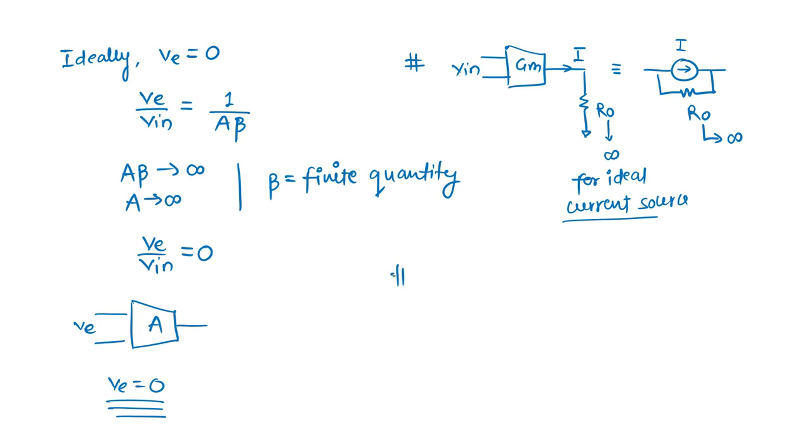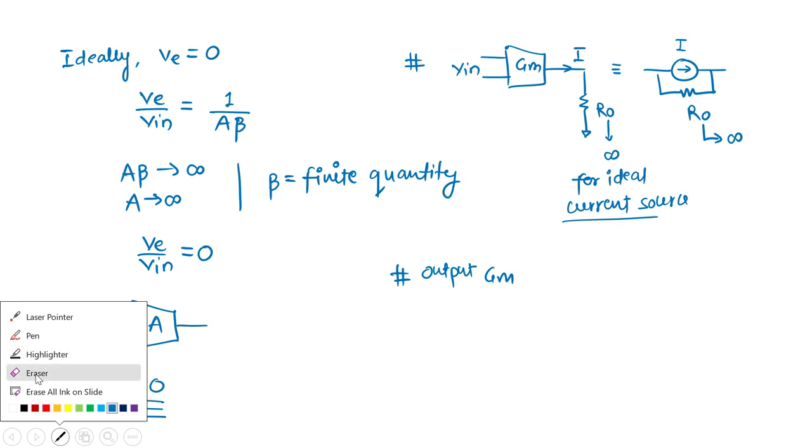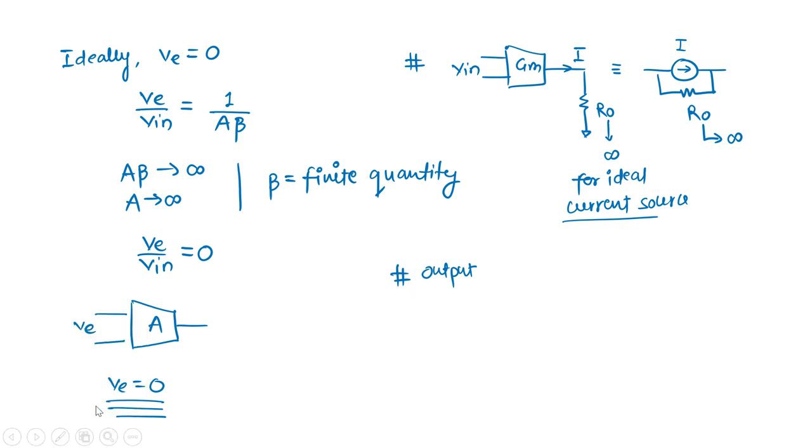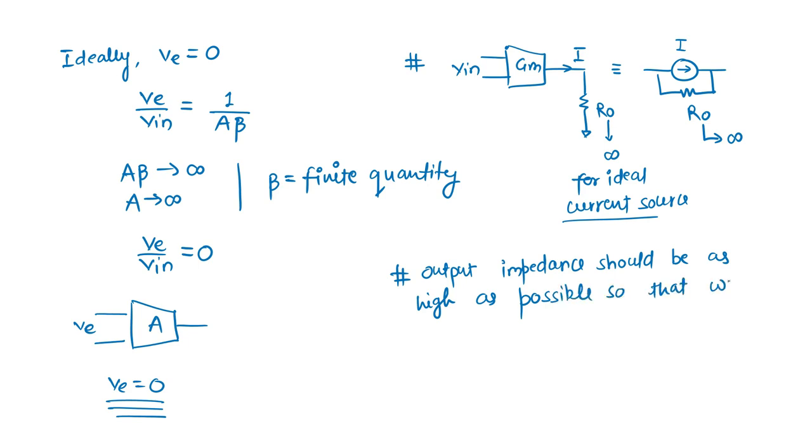So when we design the op amp, we want the output impedance to be as high as possible, so that we can have ideal characteristics.